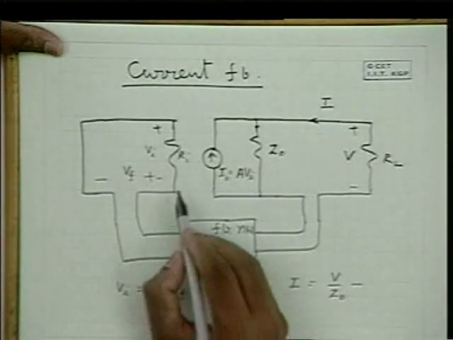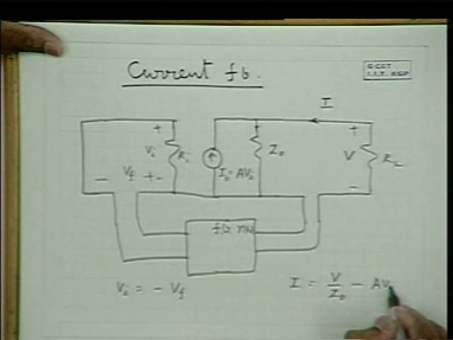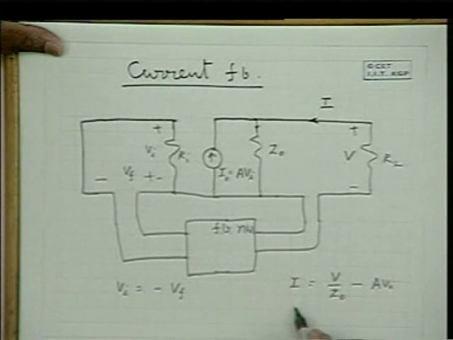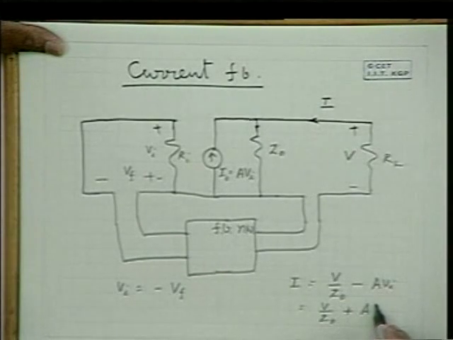Minus I0 means minus A Vi. And Vi is equal to Vf itself. Therefore, this is equal to V by Z0 plus A Vf itself.